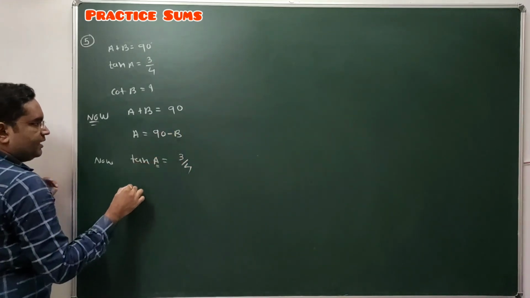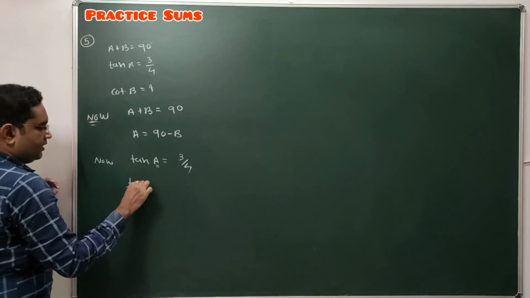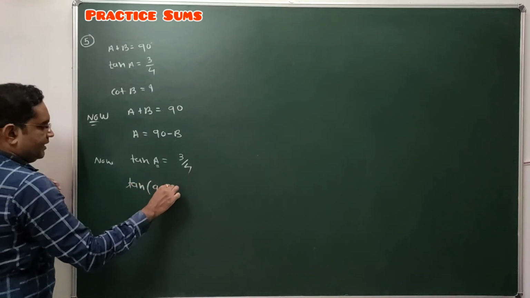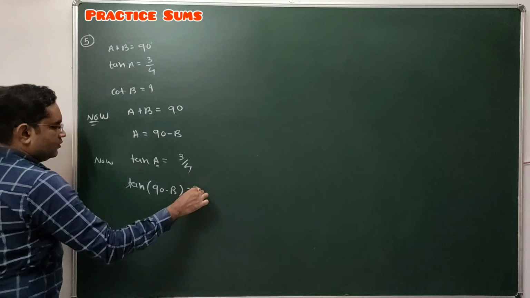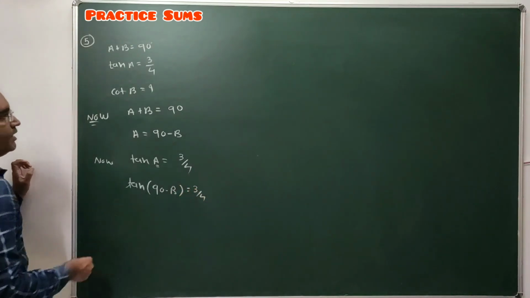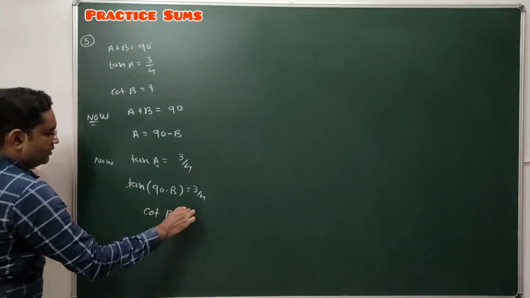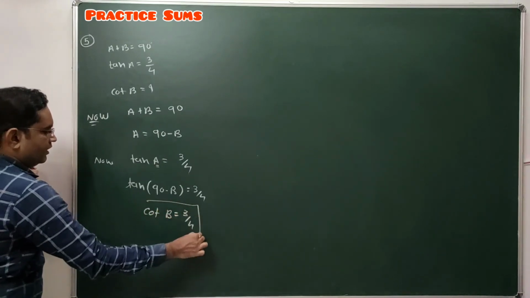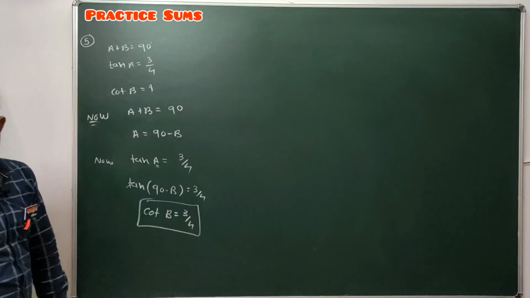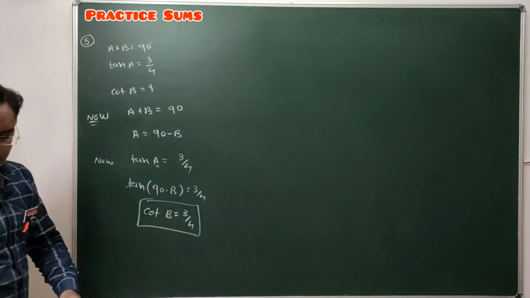Replace this A with 90 minus B. So it's a tan (90 minus B) equal to 3/4. So what is tan (90 minus B)? It's a cot B. So our answer cot B is also 3/4. Cot B is also 3/4. Done?